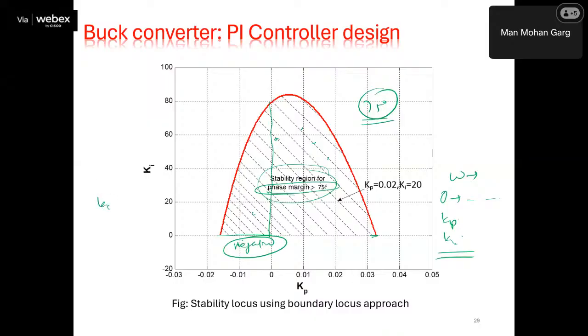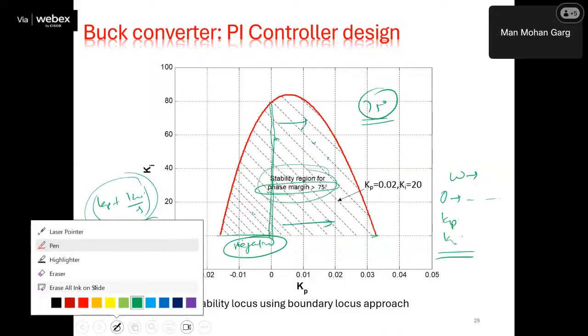But to realize this PI controller, Kp plus Ki upon S, with negative values will be difficult and not practical. So we choose just positive values only.